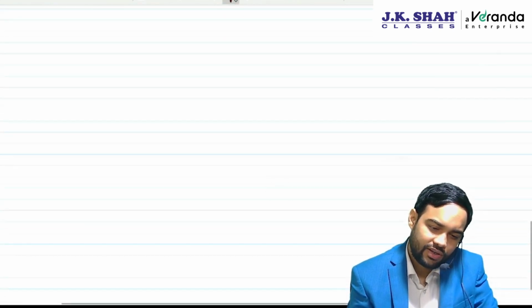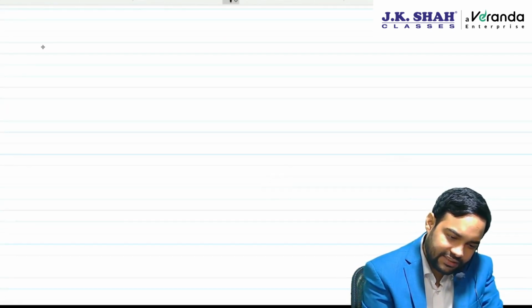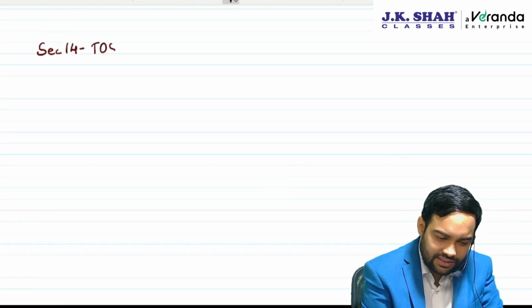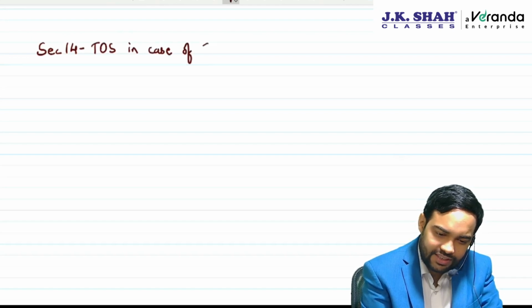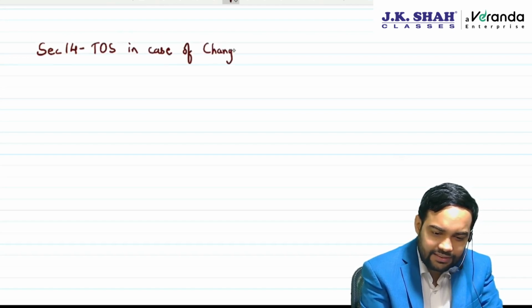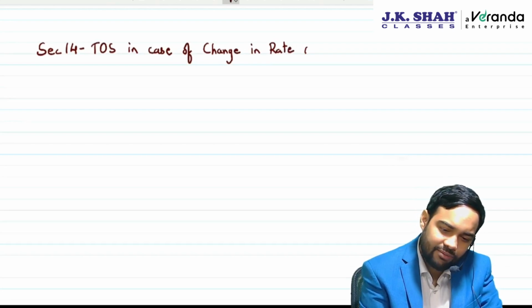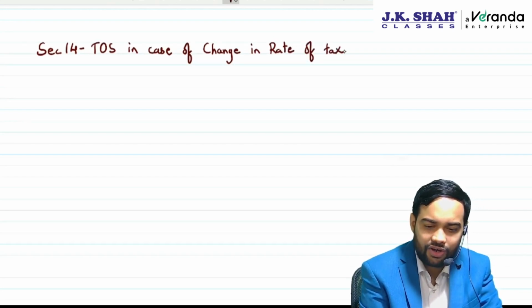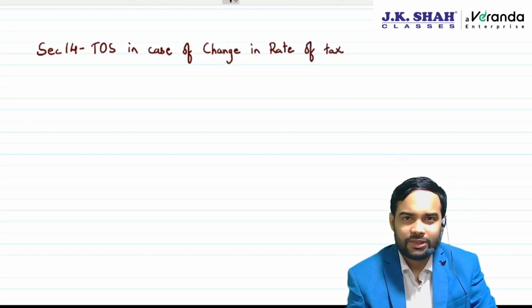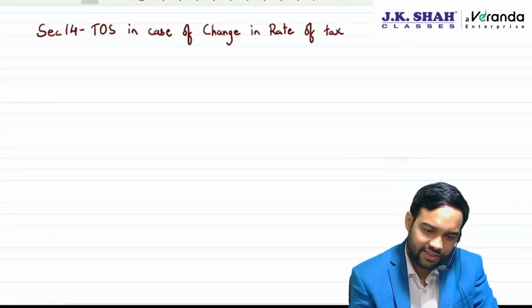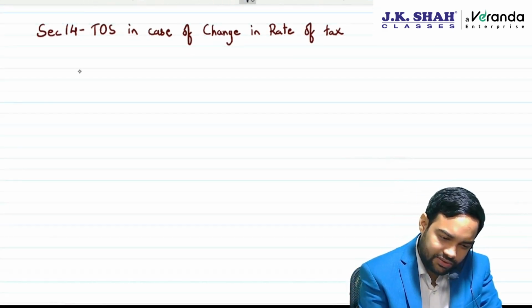Now, post this, there is one last discussion, which is section 14, time of supply in case of change in rate of tax. Suppose there is a change in rate of tax, then which rate will apply? Will the old rate apply or the new rate, and what will be the time of supply? This is given in section 14.